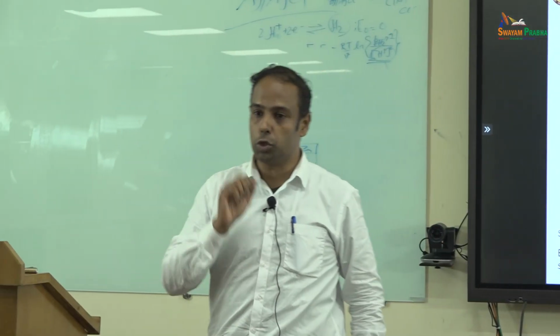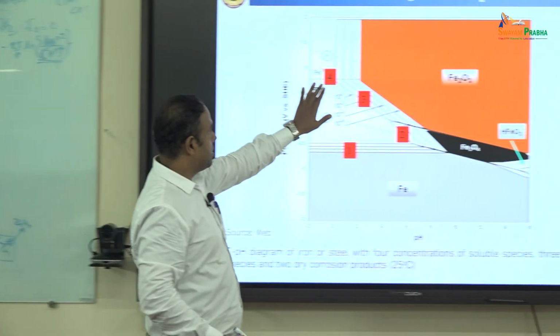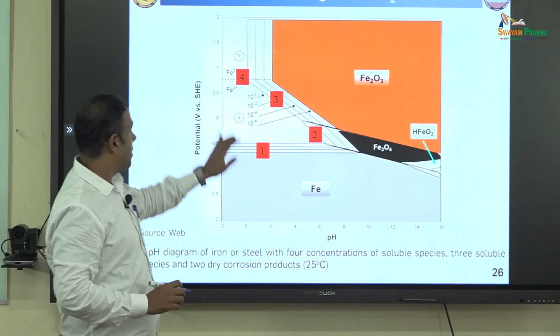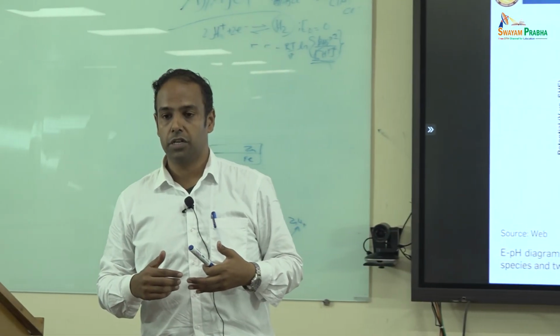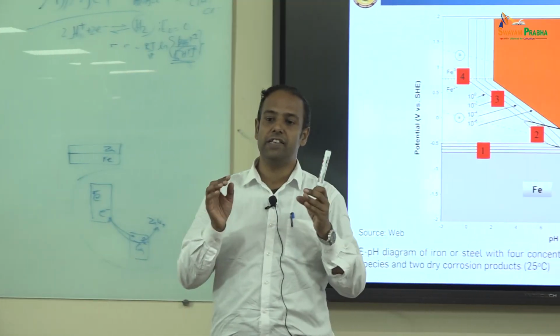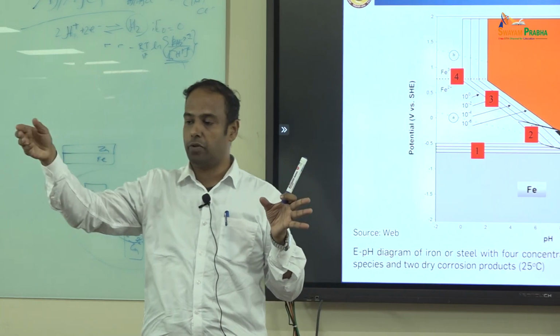The Pourbaix diagram has an issue. What issue is that? It says only that it corrodes in this region, but it does not say how fast or how slow it corrodes, because thermodynamics always gives you only the feasibility of the process. It does not say what path, how fast, as the professor pointed out.